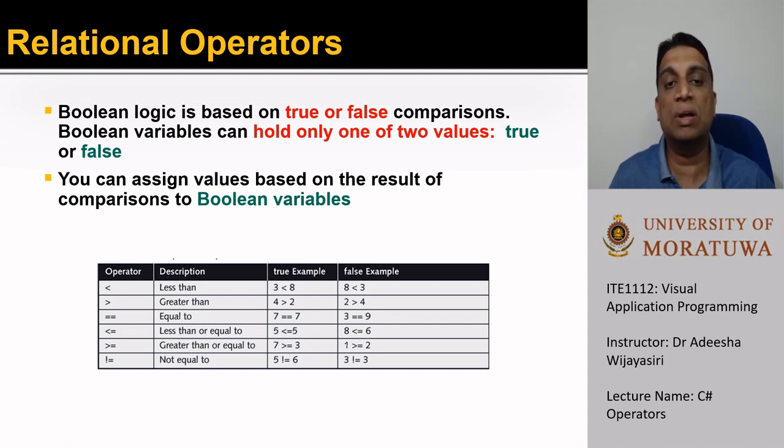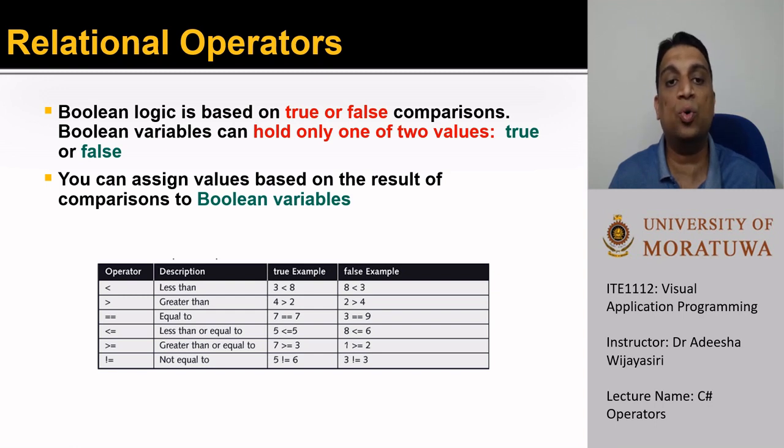Less than or equals operator returns true if the left hand side operand is less than or equal to the right hand side operand. Similarly, greater than or equals operator returns true if the left hand side operand is greater than or equal to the right hand side operand, or false if left hand side operand is less than the right hand side operand. Inequality operator is represented by exclamation mark and equal sign.